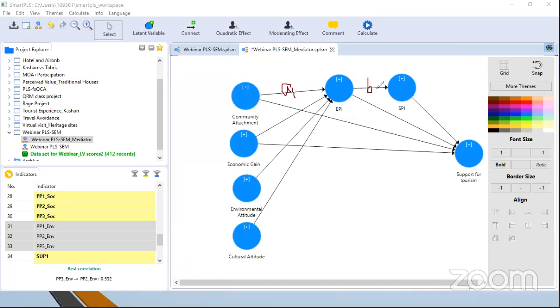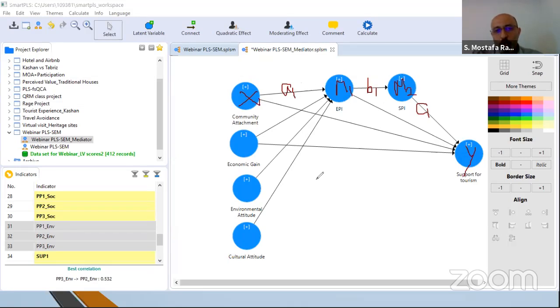So this one is B1, and this one is C1, right? You can see my screen. So when you say X to Y, X has indirect effect on Y through M1 and M2, it means you have to assess A1, B1, C1.